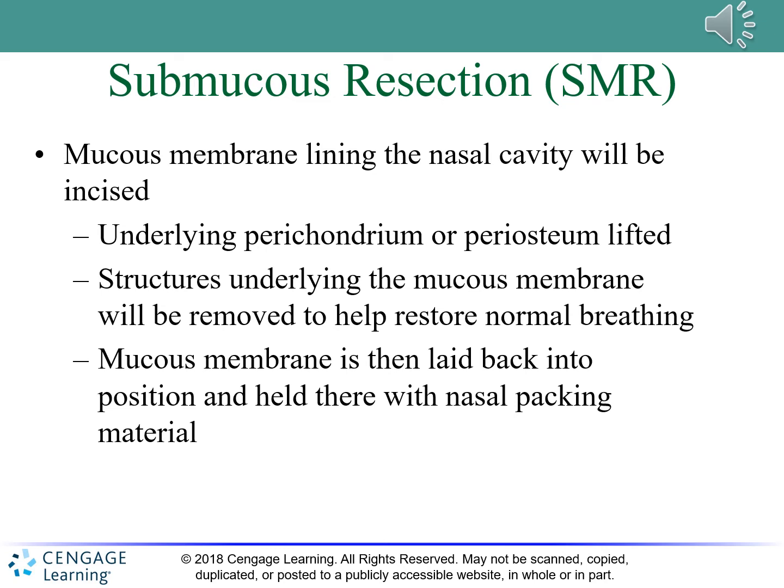It says here the SMR indicates that the mucous membrane lining the nasal cavity will be incised and the underlying perichondrium or periosteum lifted. And then on 653, we'll talk about the SMR and the septoplasty.